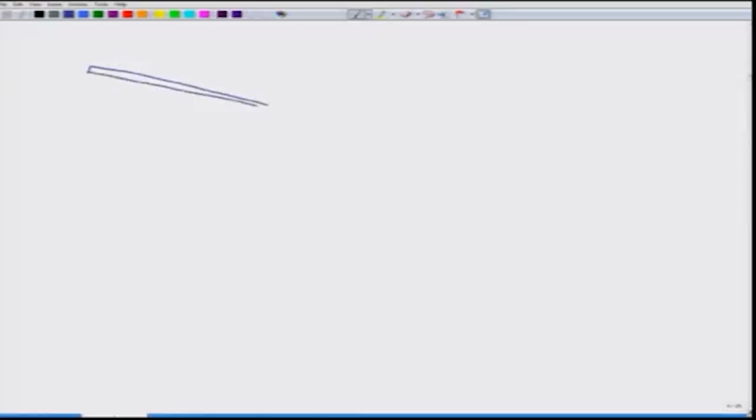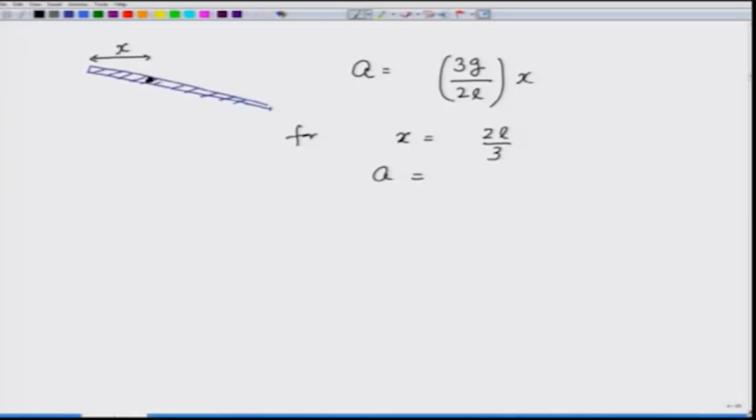Here is the rod, here is the point at a distance x from the edge of the table, and its linear acceleration a is 3g over 2L x, and for x equals 2L by 3, a is g.